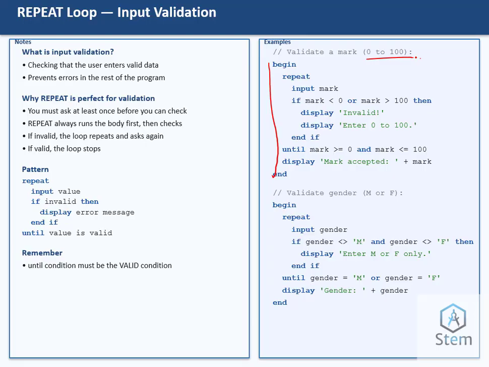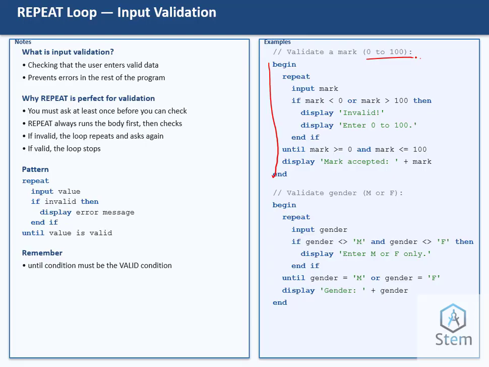Validation of inputs is a practice that we do a lot in programming to make sure that the inputs we are receiving from users make sense and are acceptable. An example of validation is when you ask someone for their age, you would expect a number from 0 up to 120, somewhere there.